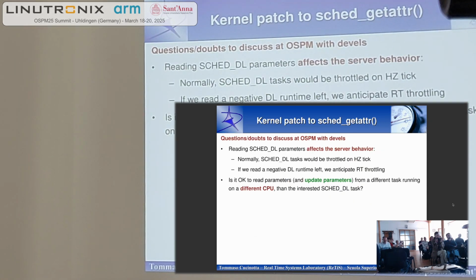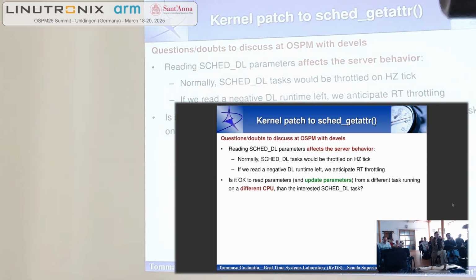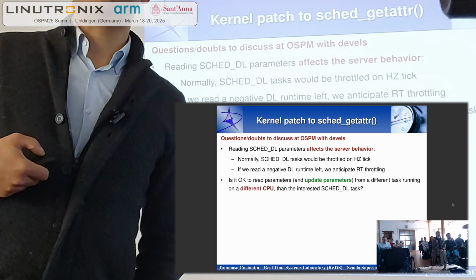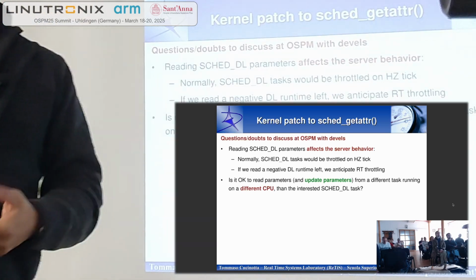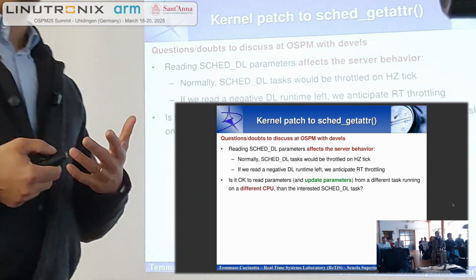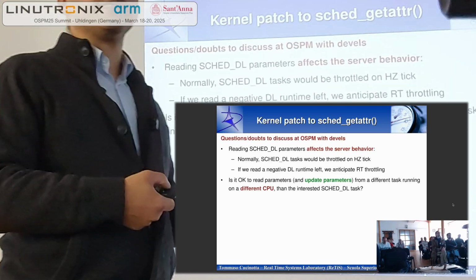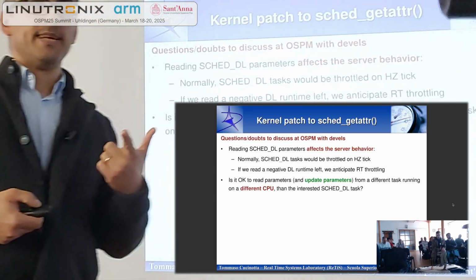Other questions or doubts were that this reading of the deadline parameters is actually affecting the behavior of the scheduler. We could claim in a good sense, but SCHED_DEADLINE normally throttles a task on the next hertz tick, right?